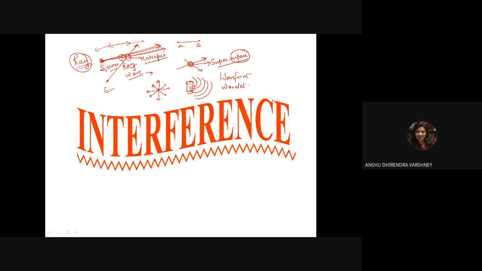Yes, पढ़ा है ma'am. ना? And on the basis of this, Huygens principle, Huygens wavefront theory पढ़ी है आप लोगों ने? Yes, ma'am. Good, right? So this is how the interference we talk about, right?